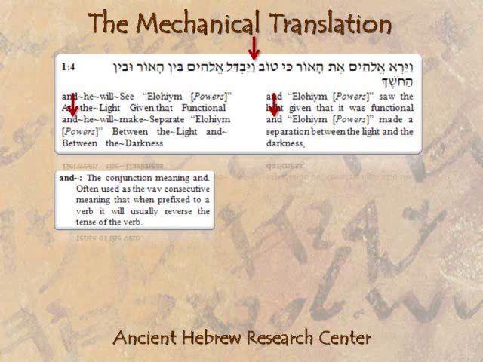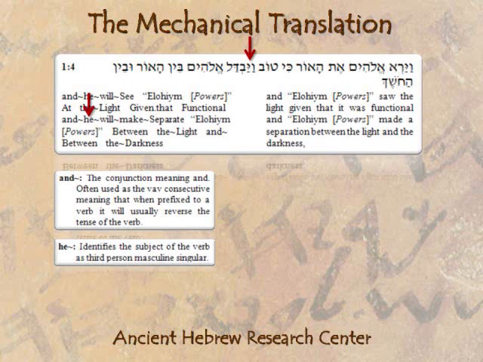Here is the Hebrew verb vayavdel, which includes the prefix va, meaning and, the prefix ya, which identifies the subject of the verb as third person masculine singular. Again, Elohim is that subject of the verb.